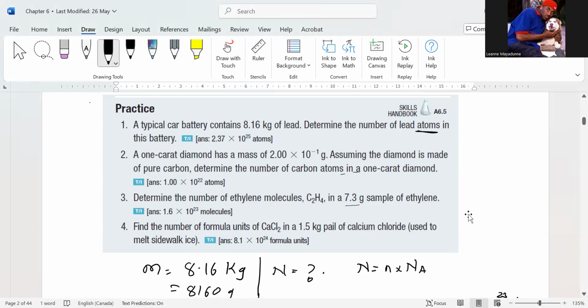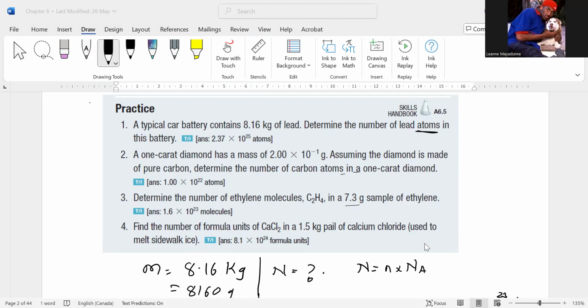So again, the same correction. If you see 7.3, the answer that you wrote is 1.56. So you need to round it, so it's 1.6. There should be only two significant figures. Same thing with the next one. Okay, and that should be all then.